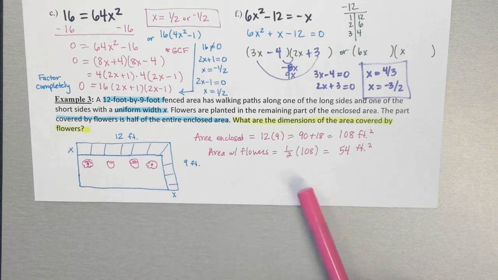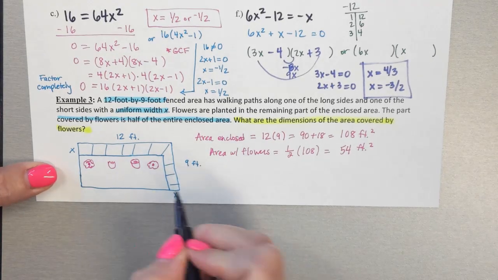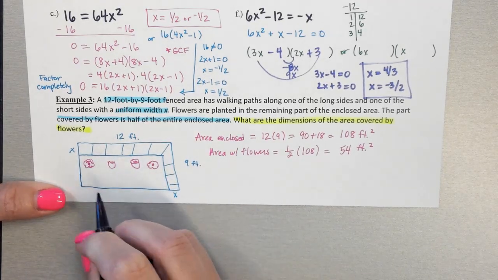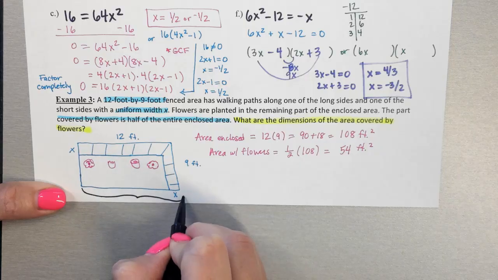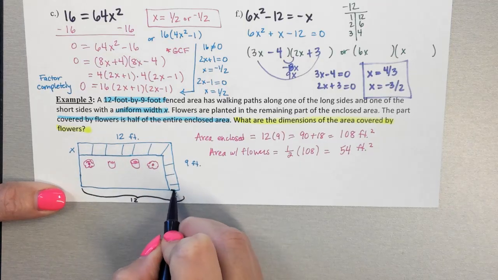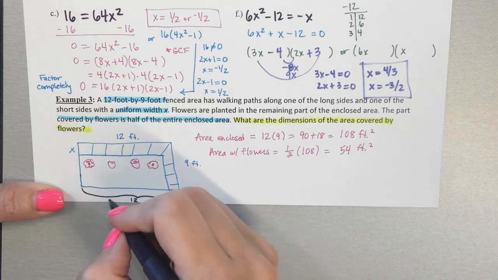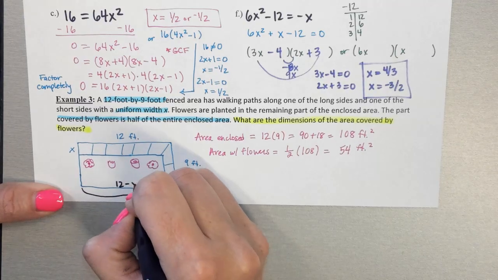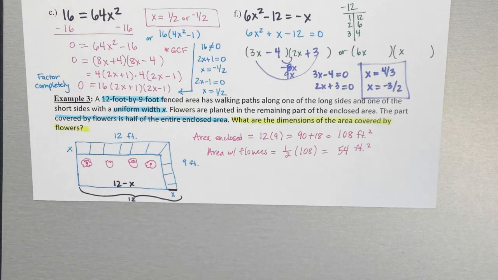Okay, so to figure out what the dimensions are, just keep in mind that this space here, this length is 12, but you have this little part X. So we can represent this as 12 minus X because of this space.